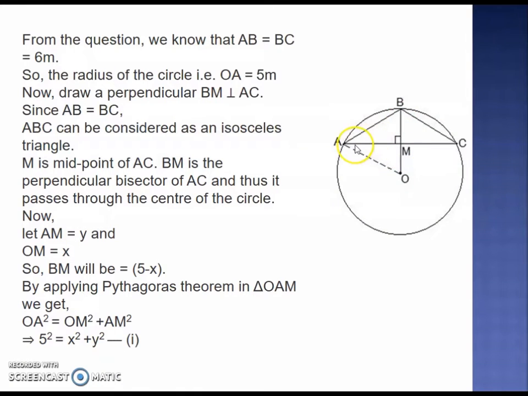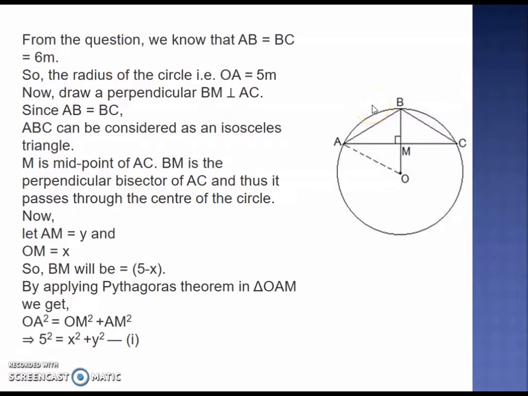Now this is something that you have already learned in triangles. So because this ABC is an isosceles triangle and we have drawn a perpendicular BM to opposite side AC, this point M will be the midpoint of AC. So BM is a perpendicular bisector of AC. So therefore it should pass through the center of the circle.